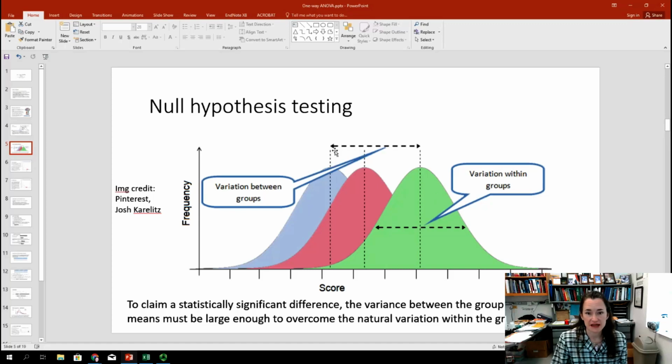And you can see that they each have different peaks or averages. But you can also see that there's a certain width to those distribution functions. And so what you're trying to see is whether the width of the functions is too wide to say that the averages really are different, okay? So the variance between the group sample means has to be large enough to overcome the natural variation within the groups.